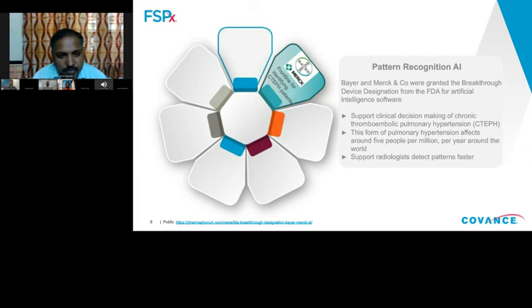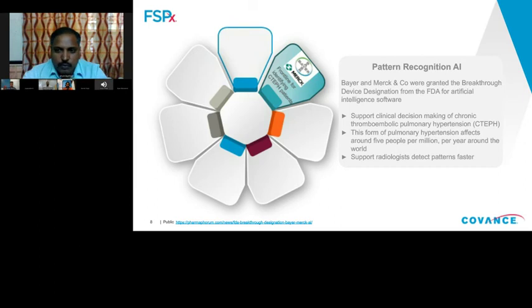But with the help of this software, the radiologist can detect the patterns, and this artificial intelligence tool helps in assessing the images of their cardiac function, their pulmonary vessels, and also it understands patients' past history and gives some insights to the radiologist on better understanding whether the condition is CTEPH or something else. So by which they can easily recognize the condition and treat it. So this is what Bayer and Merck have done in their field using artificial intelligence.